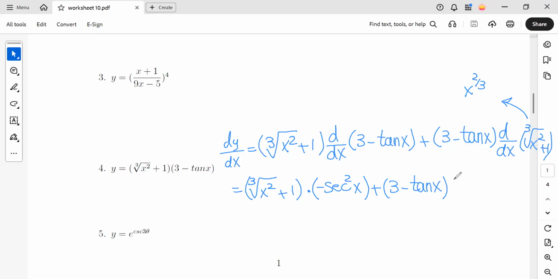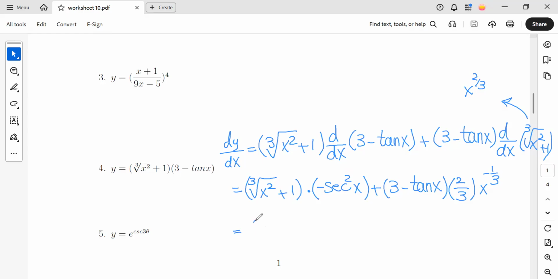And if you do this, you can take the derivative, that would be 2 over 3 times x to the power 2 over 3 minus 1, which is negative 1 over 3. And we know that the derivative of 1 is just 0.